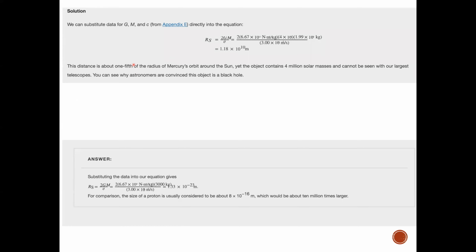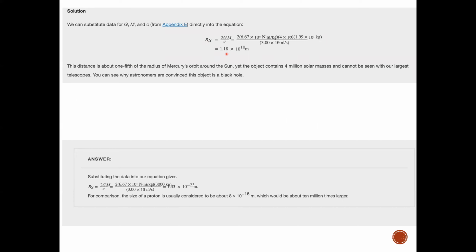So here are the answers for the two questions, and these questions are also answered in the book that I have as the reference. So I took it directly from there. Now, the Schwarzschild radius for that supermassive black hole at the center of our galaxy is, if you do the calculation by plugging in all the values, 1.18 times 10 to the power 10 meters.